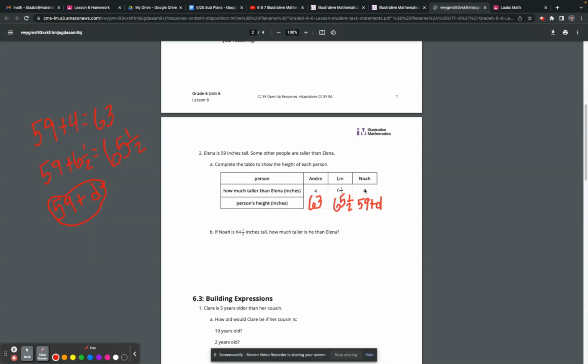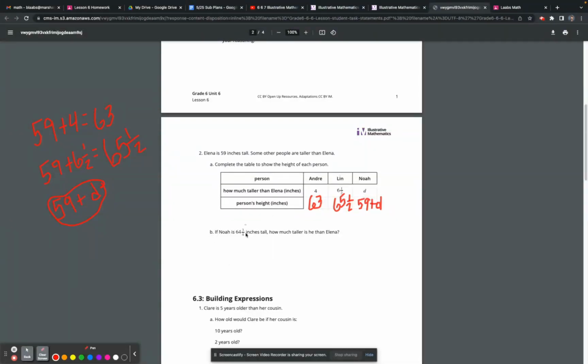And so what this wanted us just to see is, okay, to figure out the total height of someone who is taller than Elena, and we know how many inches taller they are than Elena, we could use this equation, and then that's your variable, the number that changes, because that changed for Andre and Lynn because they're both different heights. So that's the equation you could use to find how much taller anyone is than Elena if they are taller. Replace that D with the difference.